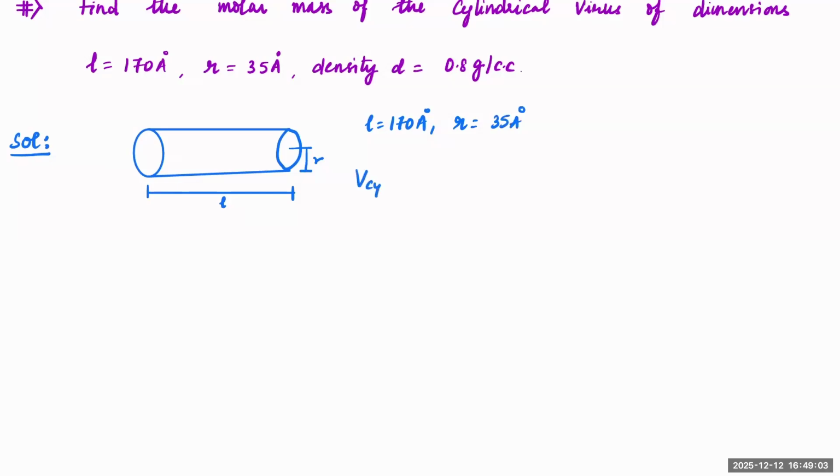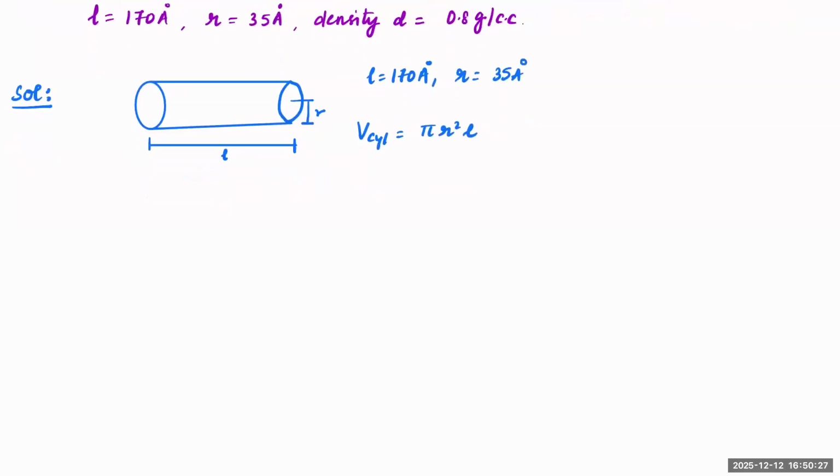Volume of a cylinder is pi r square L, right? We know the details of the volume, so I'm sure you can put those values here.